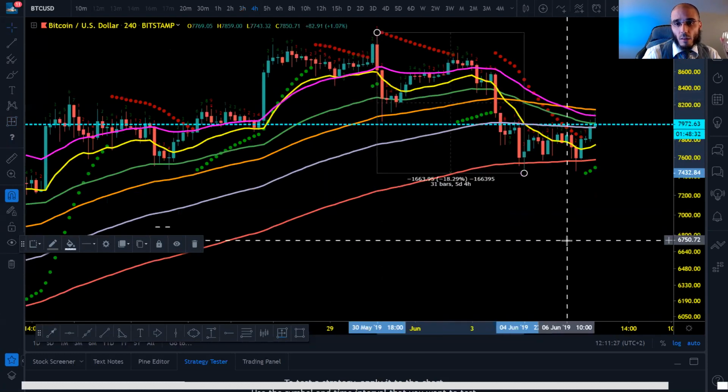The correction of 18.29% is not enough to qualify for a real correction, and we need more. We need at least 30%. So we should have got double of that. This is not enough to qualify for a correction, which is badly needed.